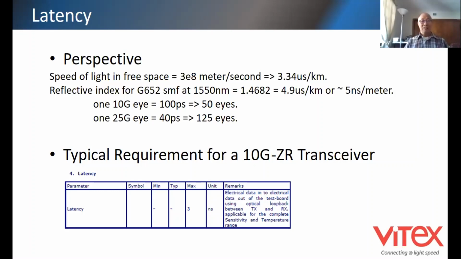Now, again, for 10G, one eye is like 100 picoseconds eye opening, right? We call it 1 eye. So 5 nanoseconds is equal to 50 eyes. For 25G, nowadays, it is 40 picoseconds per eye, so 125 eyes.